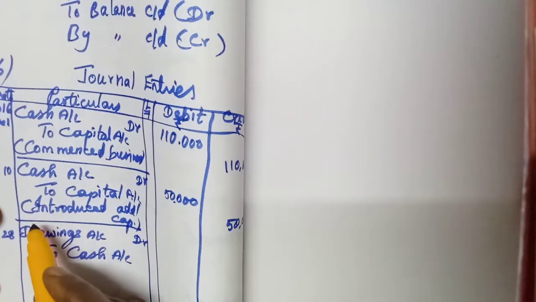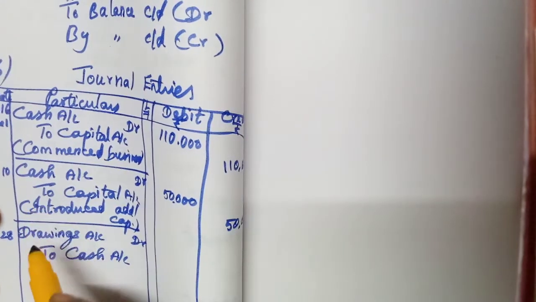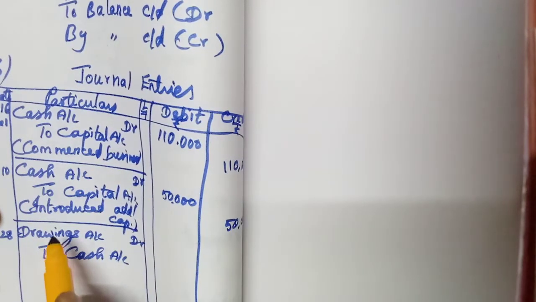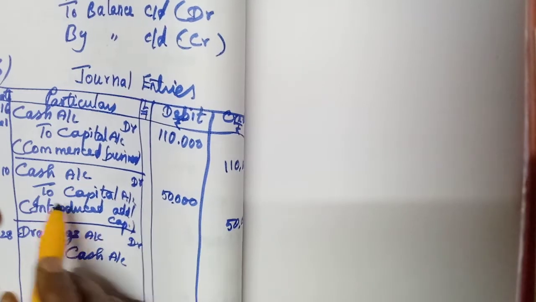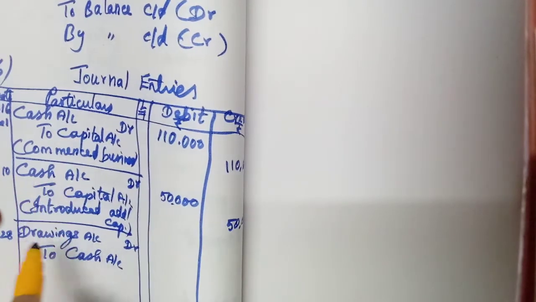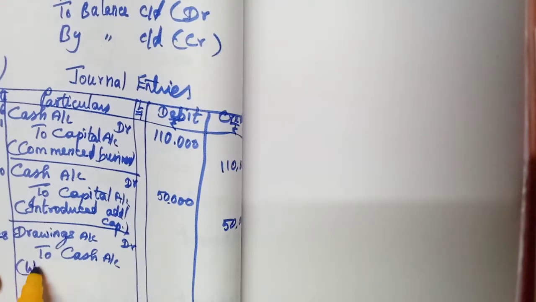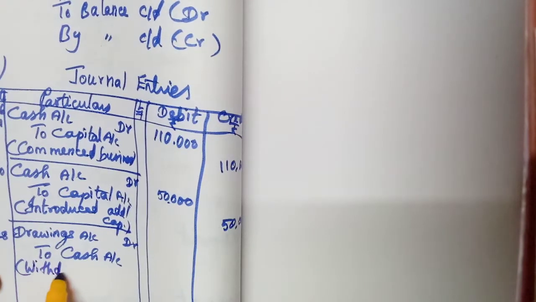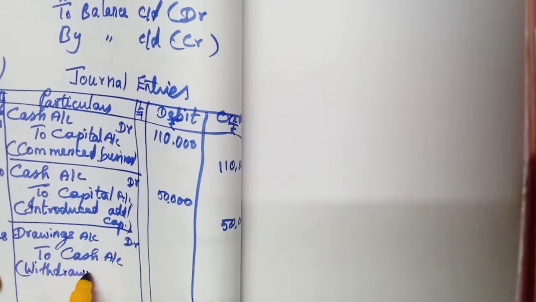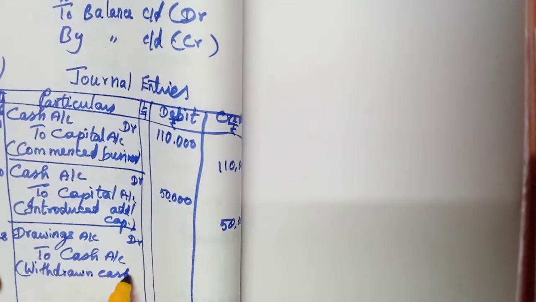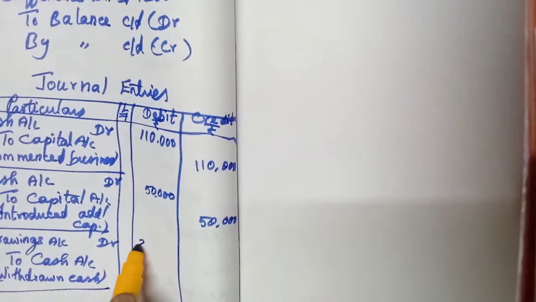Here we should have debited capital, but they are writing as drawings, just to differentiate this one. So, drawings account debtor to cash. Cash is going out. Withdrawn for personal use, or withdrawn cash. Okay. 20,000.